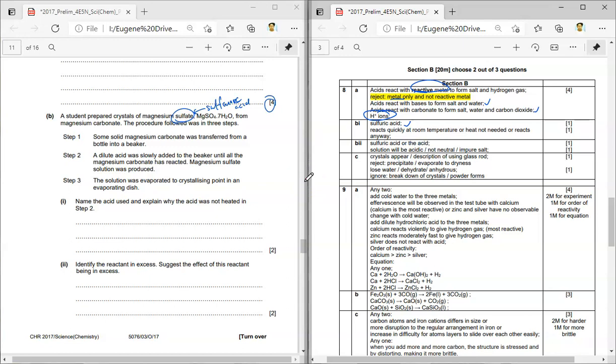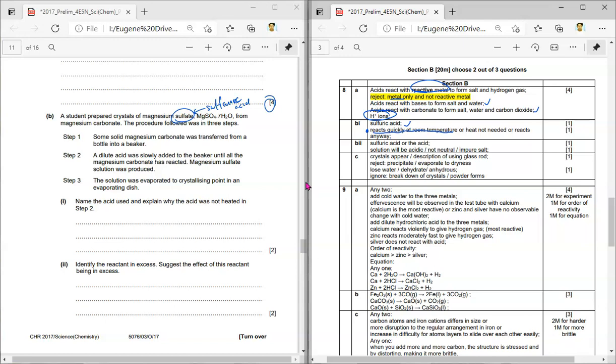Because generally it reacts quite quickly, so you don't really need to heat it. Or the other answer is that when you heat it, it becomes more dangerous and more reactive. As such, it will pose more danger. But generally, you do not need to heat because it's already reacting quickly.